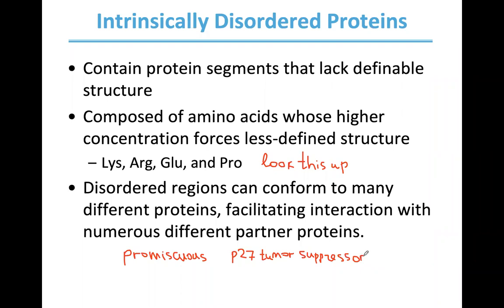Basically, because it has this intrinsically disordered nature, it's promiscuous, and it can wrap around various enzymes known as protein kinases. So we talked about that. Protein kinases, which are involved in cell division.